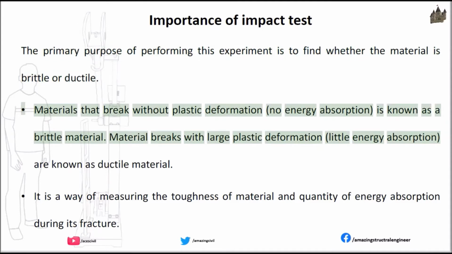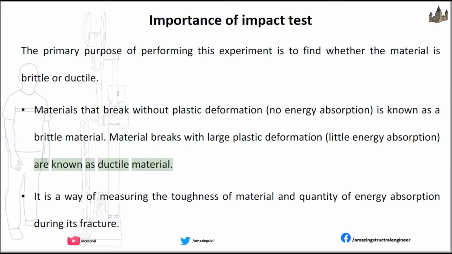Materials that break without plastic deformation, with no energy absorption, are known as brittle materials. Materials that break with large plastic deformation and little energy absorption are known as ductile materials. It is a way of measuring the toughness of a material and the quantity of energy absorbed during its fracture.